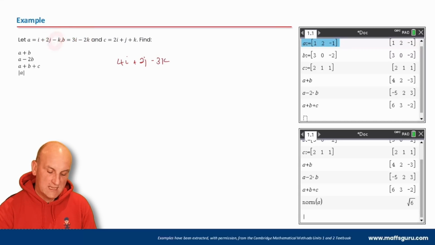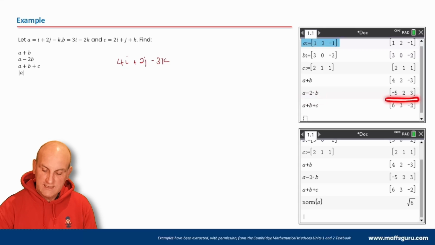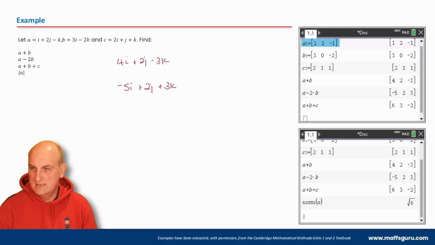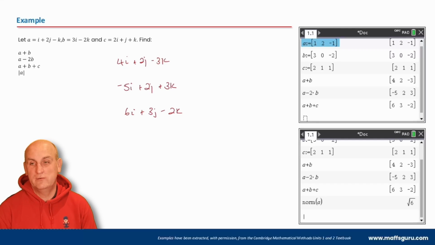I've got a minus k minus another 2k, which gives me minus 3k. A minus 2B, again put into my calculator, gave me minus 5i plus 2j plus 3k. And then A plus B plus C is 6, 3, minus 2, which is 6i plus 3j minus 2k. The CAS is doing all the hard work.